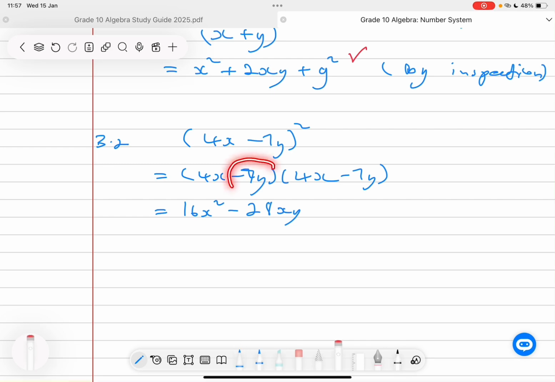We also then multiply the inner terms, negative 7y times 4x, that should give me again negative 28xy. Then we multiply the last terms, which is negative 7y times negative 7y. The first thing is that the negative and the negative will give me a positive. Then the 7 times the 7 will give me a 49.